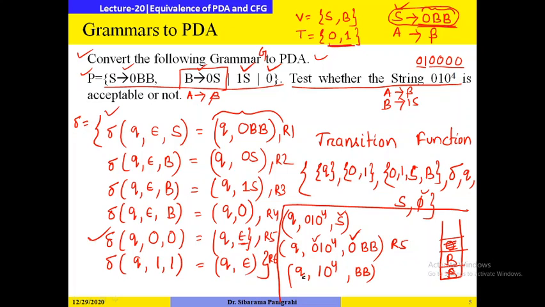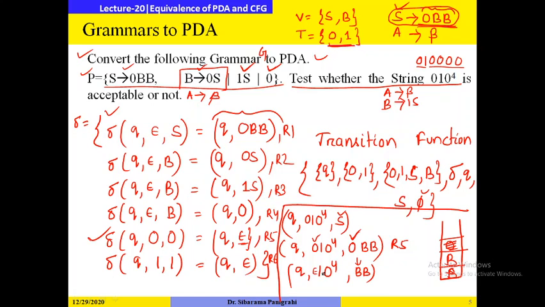Now you see Q is the state, 1 is the input and B is at the top of the stack. Which production will you use? Here you cannot use any production directly, but if I take epsilon as input, epsilon is there before it, after it and in between.